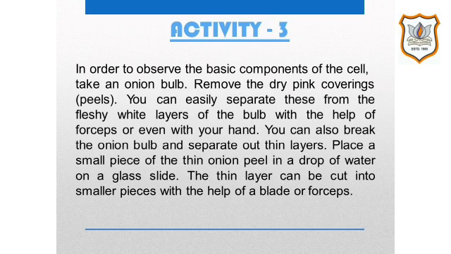You can also break the onion bulb and separate out thin layers. Place a small piece of the thin onion peel in a drop of water on a glass slide. The thin layer can be cut into smaller pieces with the help of a blade or forceps.